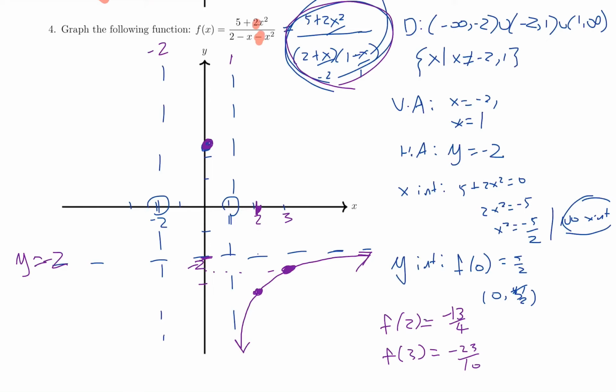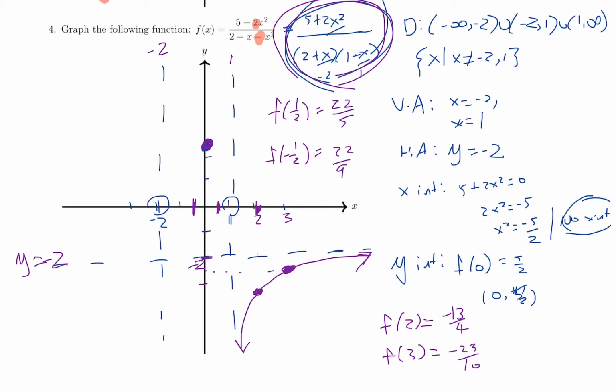So here, let's try f of half and f of negative half. Here's f of half somewhere here and negative half right here. I'm just plugging x's in right here. So f of half will give me 22 over 5, and f of negative half will give me 22 over 9.